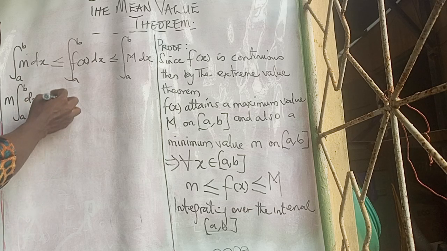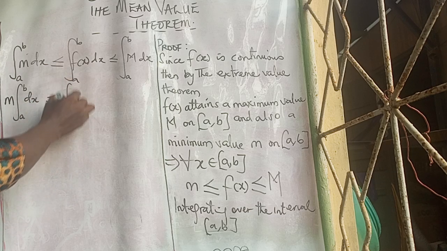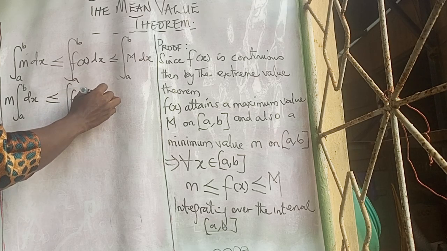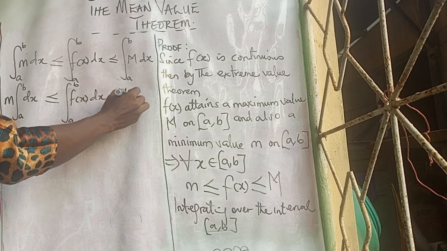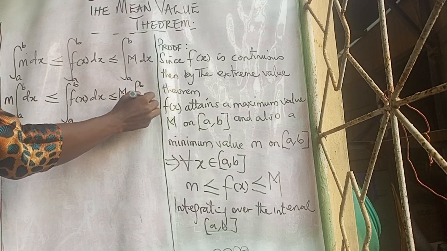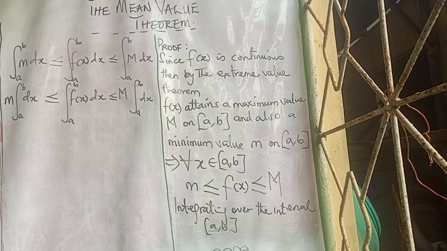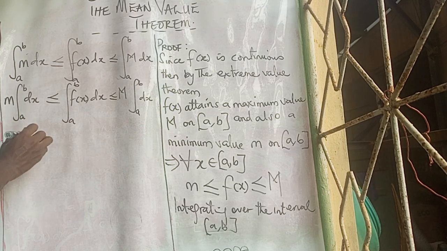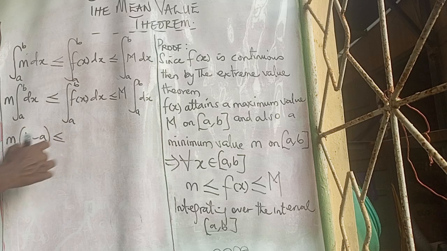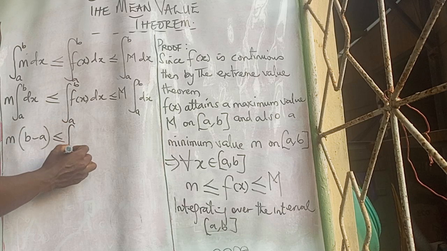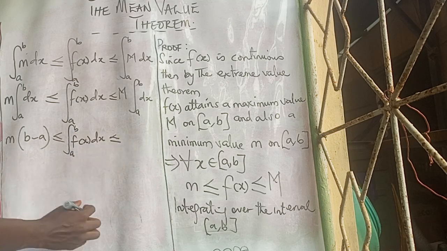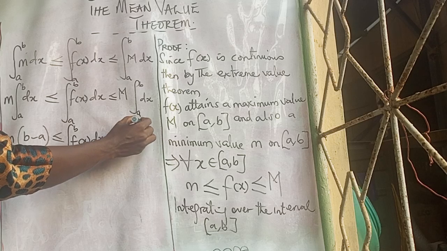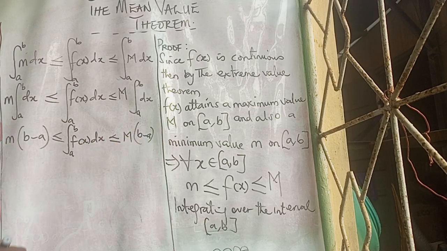This gives us m times (b minus a) less than or equal to the integral from a to b of f of x dx, and this is less than or equal to capital M times (b minus a).